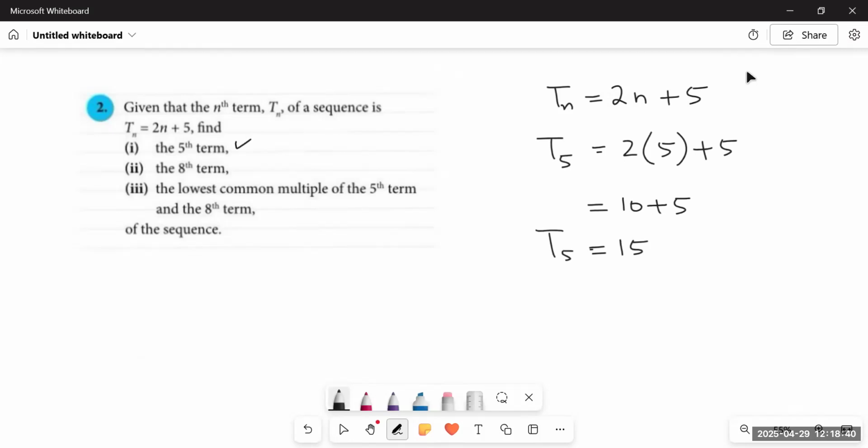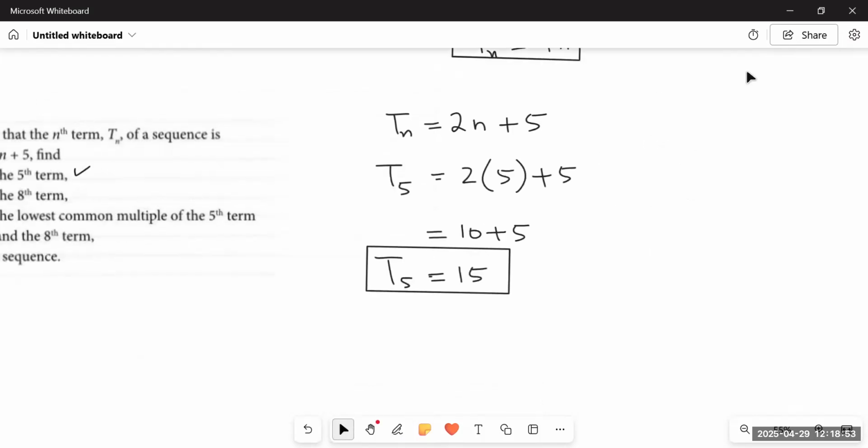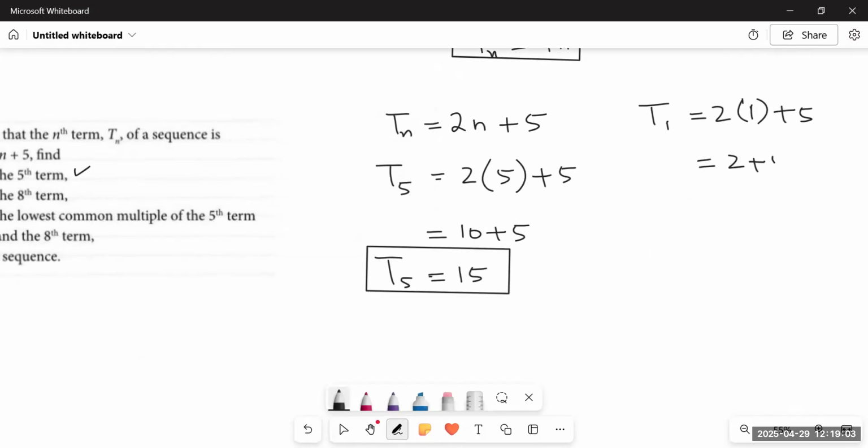T5 means the term at the 5th position would be 15 if the general formula for our sequence is Tn is equal to 2n plus 5. And if I want to find what would be the first term of the sequence, then I'm going to find it like this. T1 is equal to 2 bracket 1 plus 5. That is 2 plus 5 is equal to 7. That's all. This would be T1.